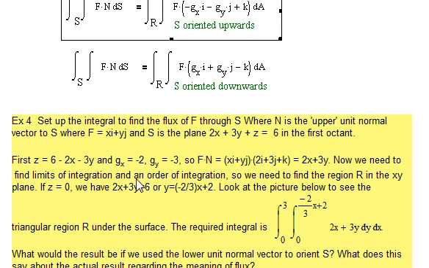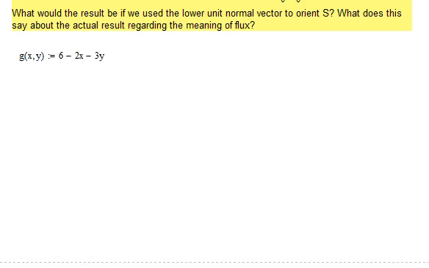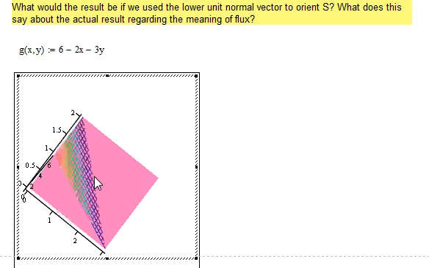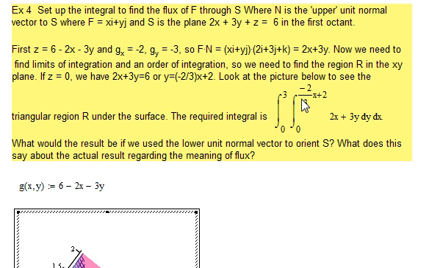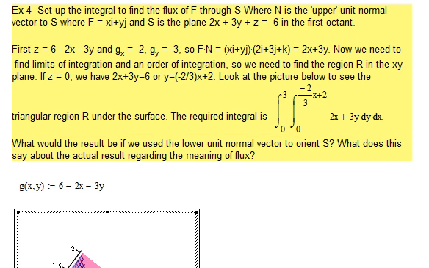Now we need to find the limits of integration and an order of integration, so we need to find the region R in the xy plane. Well, z equals 0. We've got 2x plus 3y equals 6, or y equals -2/3 x plus 2. And you can see in the picture below why we have such a region here. See, upper is -2/3 x plus 2, and lower, of course, is the x-axis.